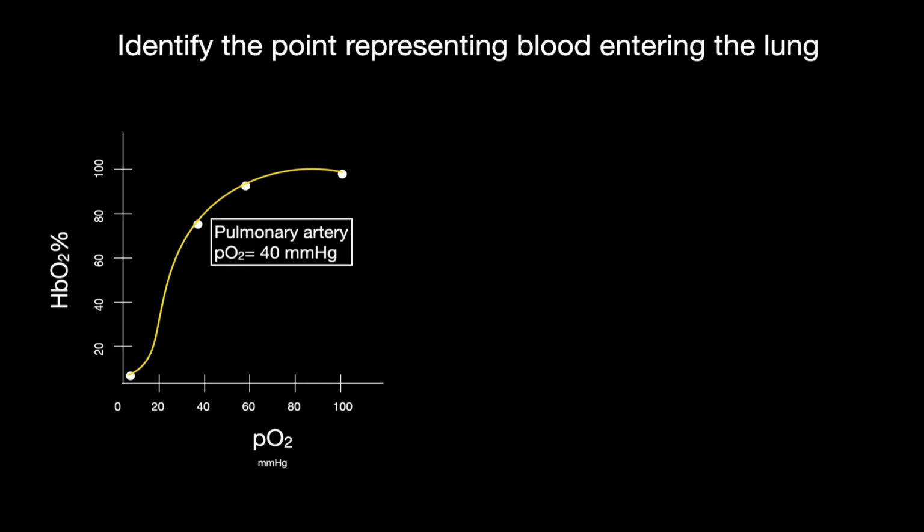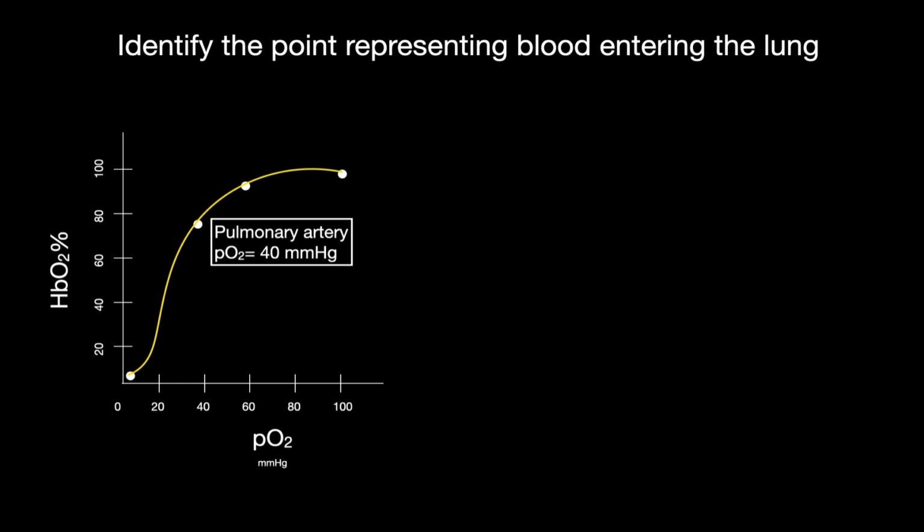Well, it's C because the partial pressure of oxygen in the pulmonary artery, that is when it's entering the lung, is about 40 millimeters of mercury. And that usually aligns to a saturation of about 80%. And you can see here, when you look down here, the partial pressure of oxygen is about 40.